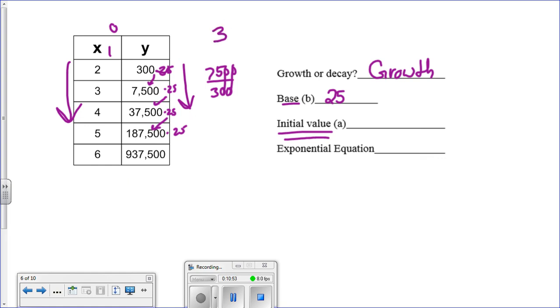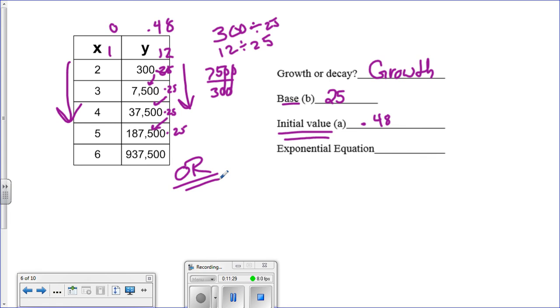I could do 300 divided by 25, and I could put that in, and that would be 12. I could divide 12 divided by 25, and that's going to give me 0.48. Okay, so 0.48. Now that's one way you could do it.